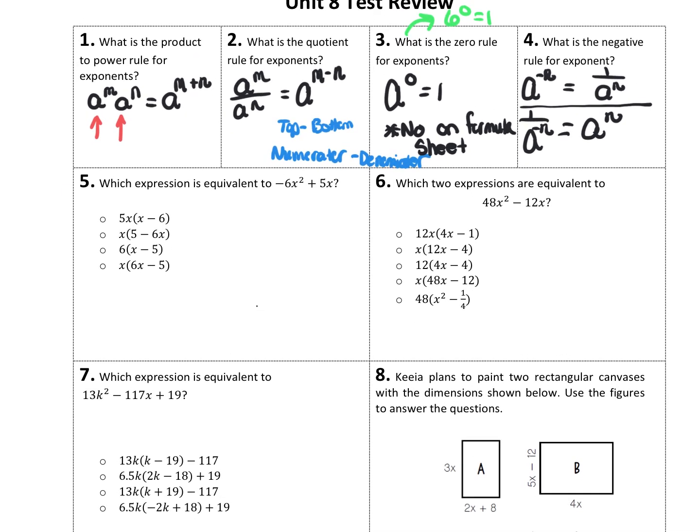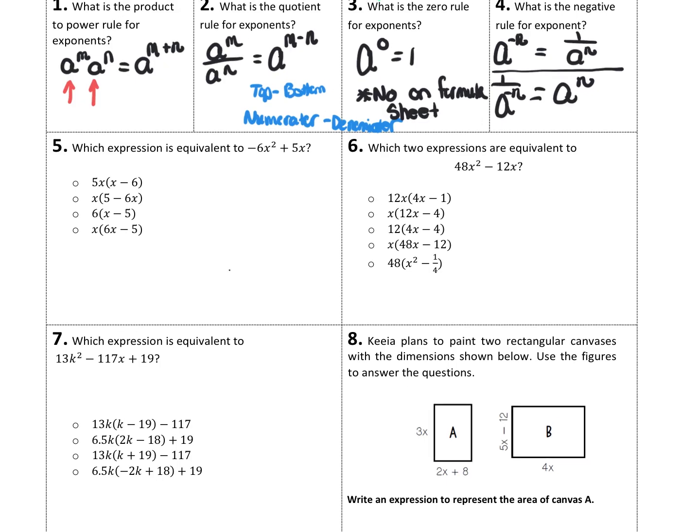So now 5, 6, and 7 are all very similar. Something that is worth noting on 5, 6, and 7: these are all multiple choice problems.